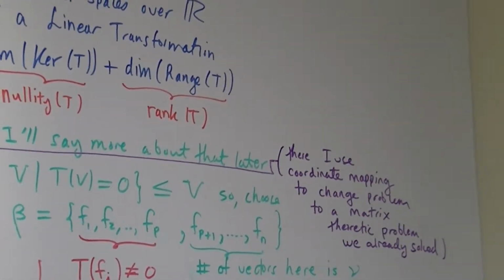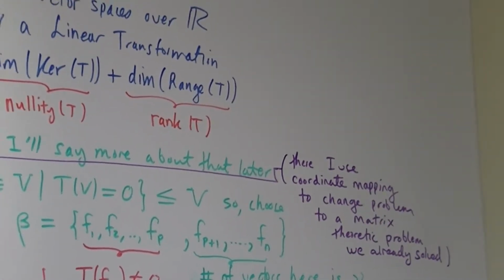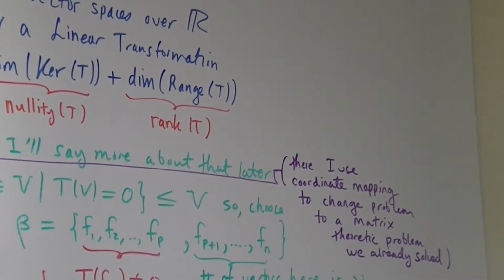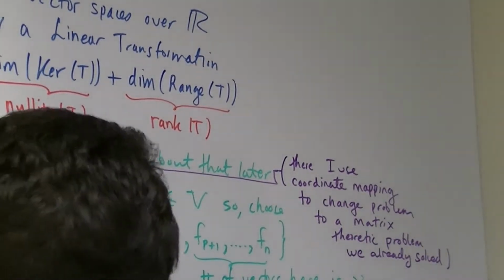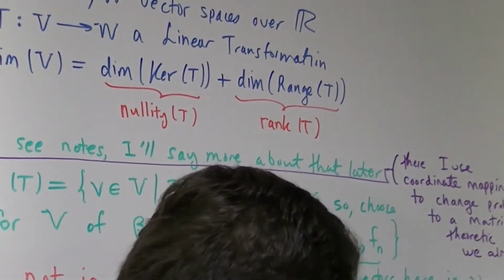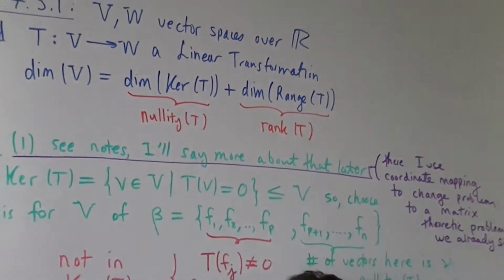Since these coordinate mappings are isomorphisms, you can discover things about linear independence and spanning in the abstract case by sort of ripping the problem back to the coordinates. Once you're back down in the column vectors, then you can use matrix theoretic stuff that we already know. But I don't want to do it that way because I think this proof that I'm about to show you is more useful for linear algebra's sake.